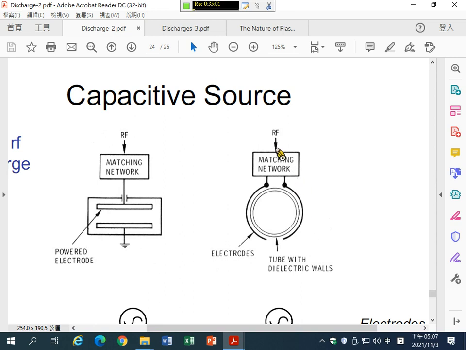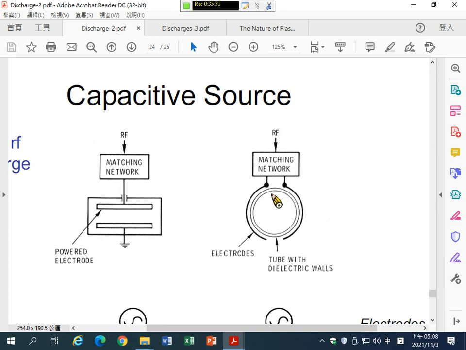So when you apply RF power to the system, the inner wall of the quartz on the left side might charge negatively, and at the same time, the inner wall surface of the quartz on the right side might charge positively.